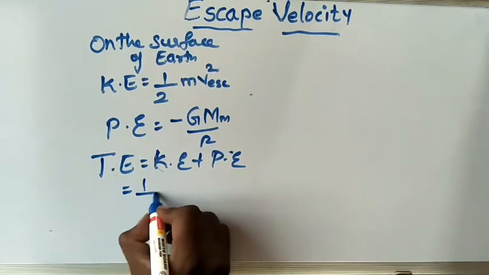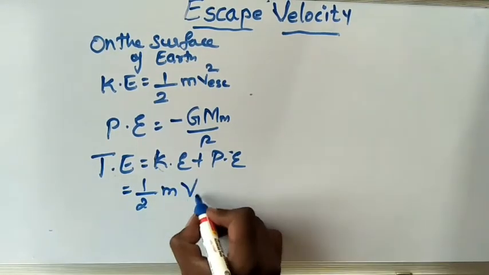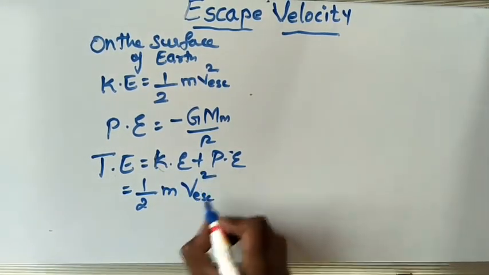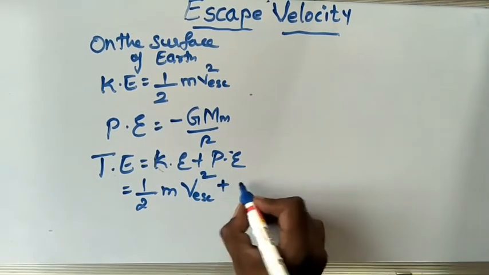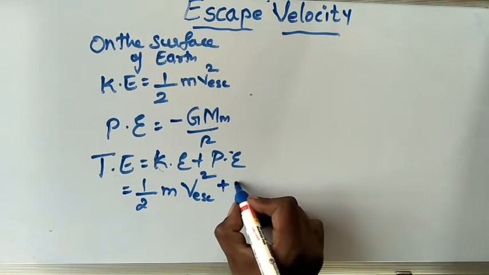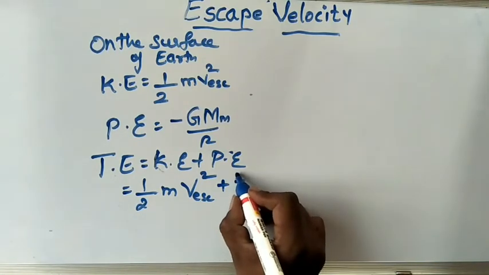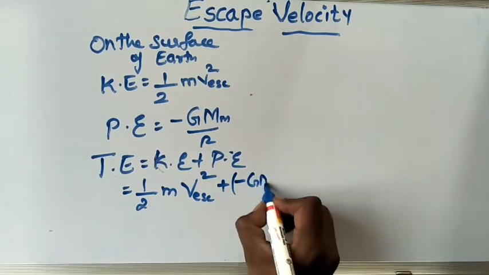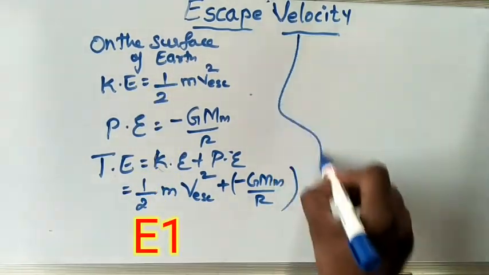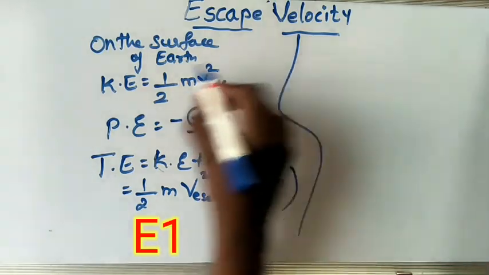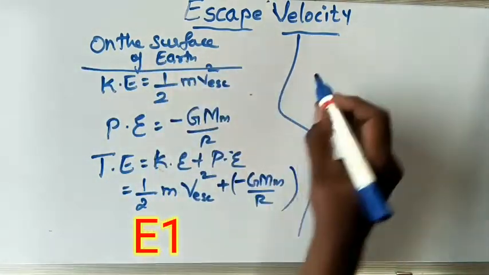Your kinetic energy is half m v escape, the whole square, plus potential energy, which is minus GMm upon r.